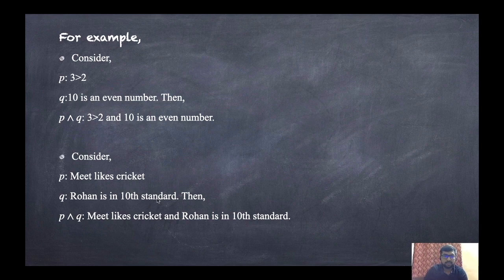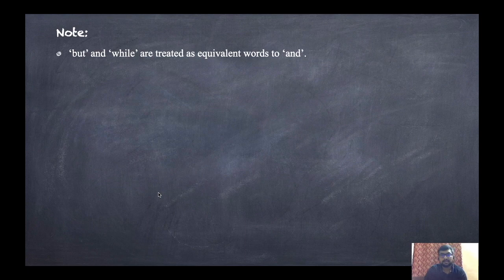So here it is not necessary that both statements have to be of the same nature or the same property. They can be different, but they have to be statements. See, Meet likes cricket and Rohan is in 10th standard. Both are about different persons, but still we can combine them. Note: but and yet are also treated as and.